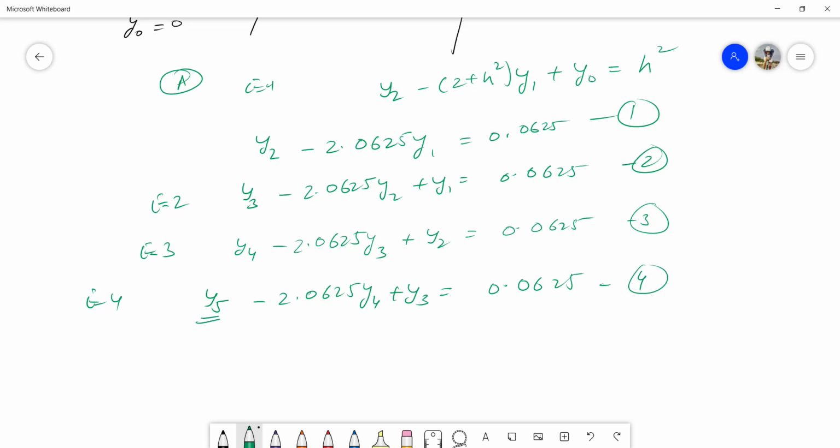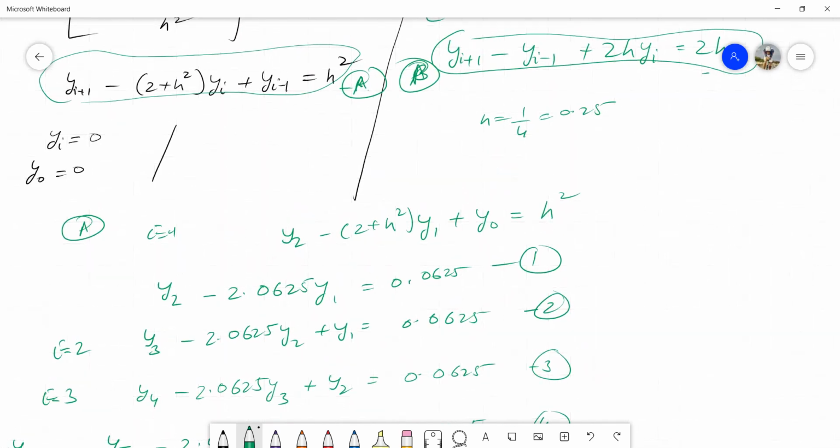So for the value of y5, we put i equal to 4 in equation B, that is in this equation.